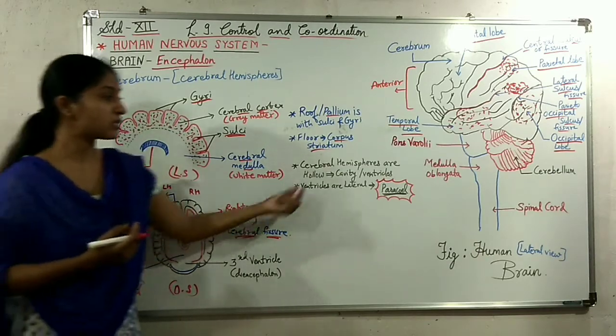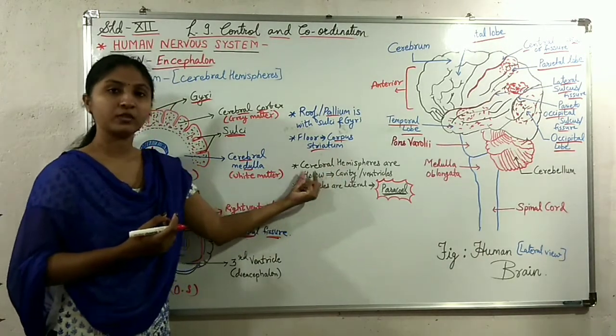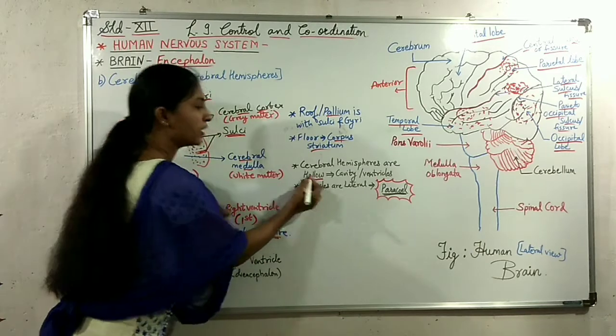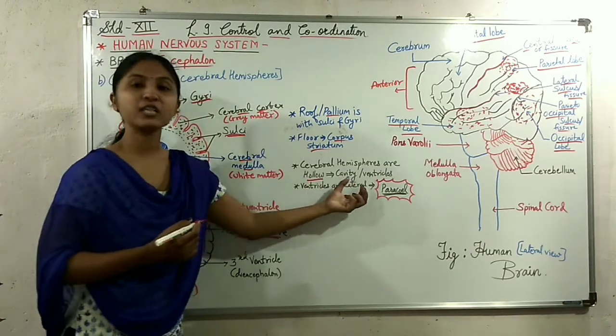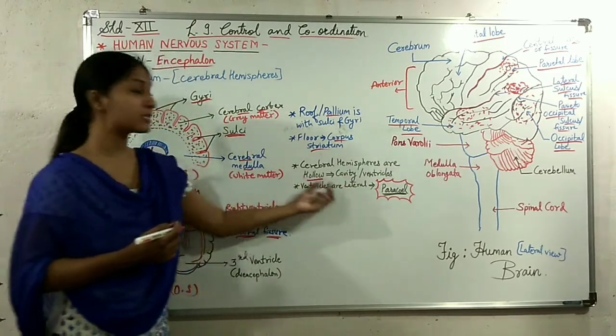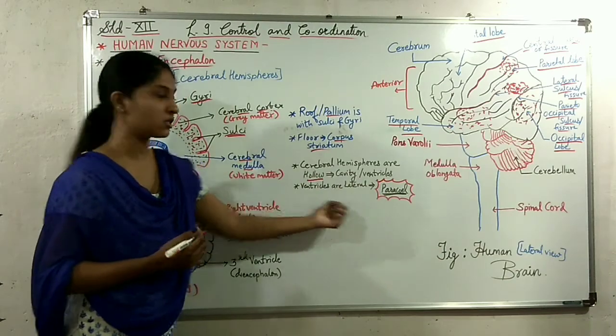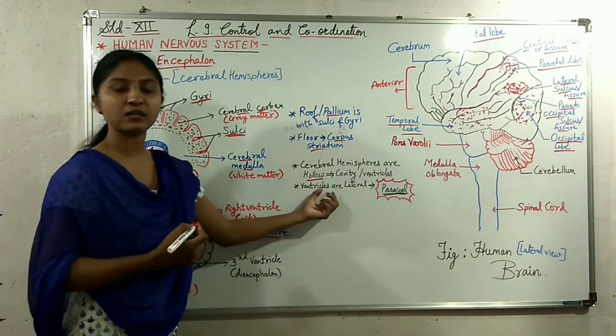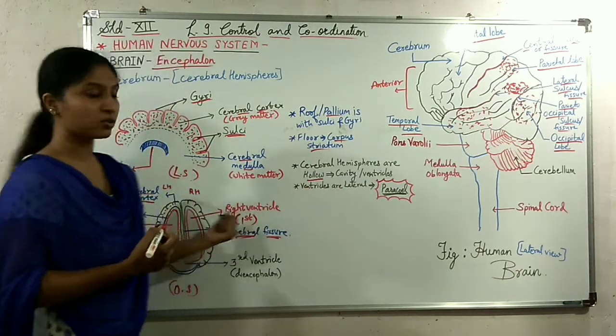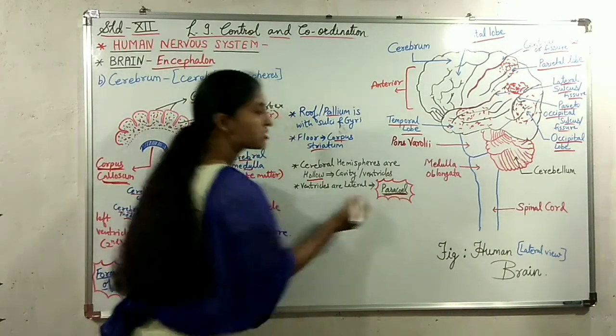The cerebral hemispheres are hollow. They are not solid, they are hollow. A cavity is present inside it and this cavity is called ventricles, or these are called lateral ventricles, or also called paracele.